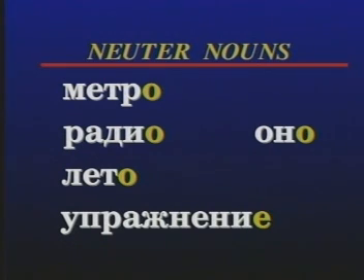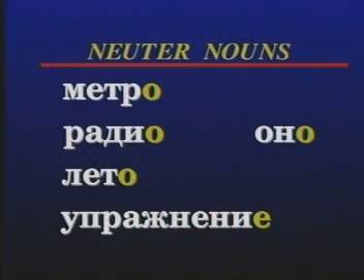Метро ends in O, radio ends in O, лето ends in O, and упражнение ends in Е. O and Е are neuter endings. So if a noun ends in either O or Е, it's neuter. And you know it right away.